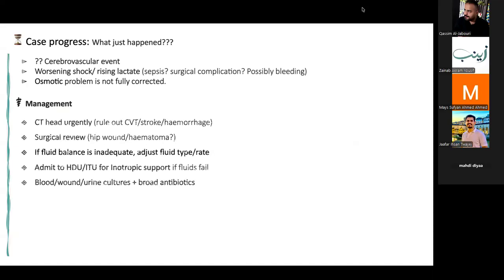So the management here, and it's not added here, but PE should be added to the differentials here as well. So he had a CT head, surgical review for possible hematoma, and adequately hydrated, admitted, as you said, to ITU for inotropic support, and if no improvement, he may end up having intubation, and then a new set of cultures were sent.